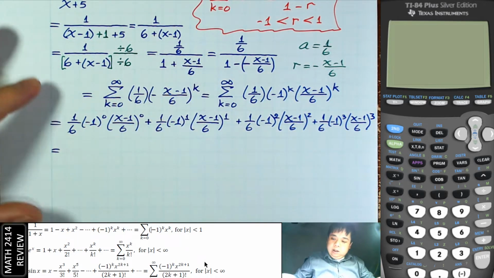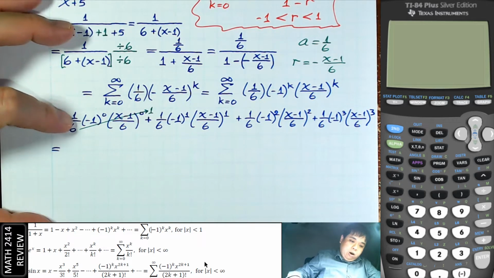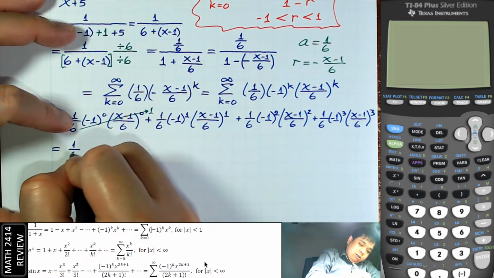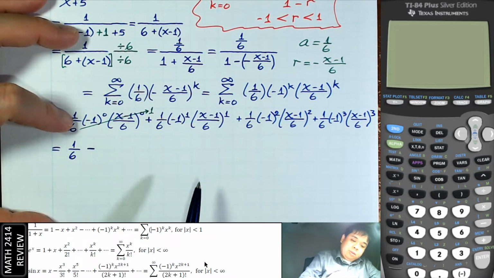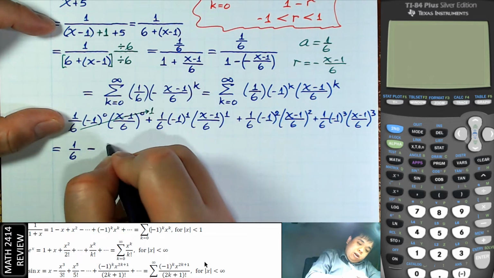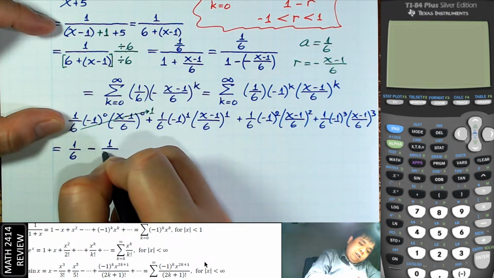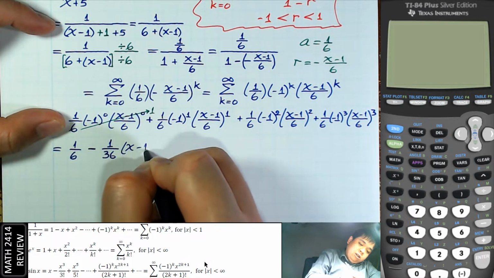This to the 0 power is just 1, so we have 1 over 6. This gives us a negative x minus 1, and then 6 and 6 at the bottom, so that's 1 over 36, and then x minus 1 to the first.